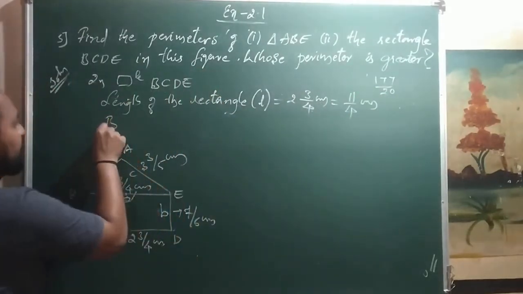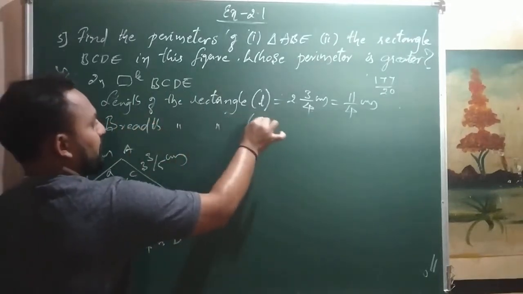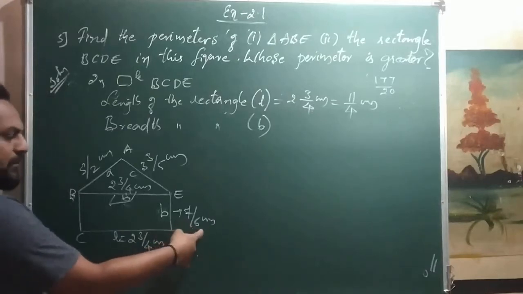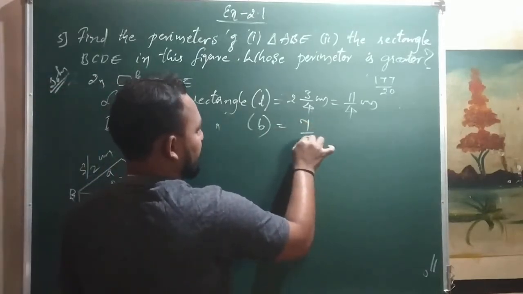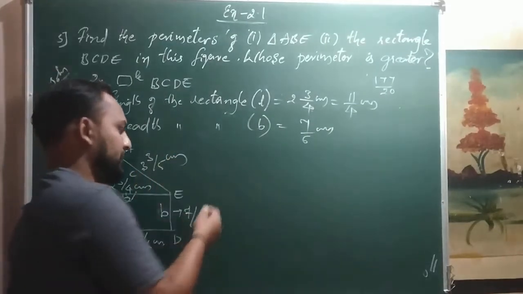Then the breadth of the rectangle is 7 by 6 centimeter. Then what is the perimeter?